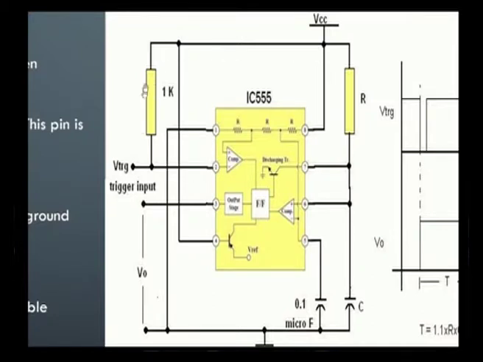Also, the control output or pin number 5 of a threshold comparator will connect through a 0.1 microfarad capacitor, and it is grounded. Another capacitor is connected to the threshold comparator, pin number 6, and it is grounded across it.